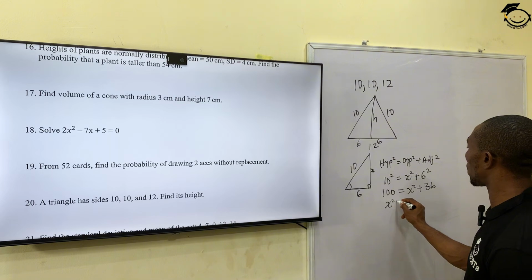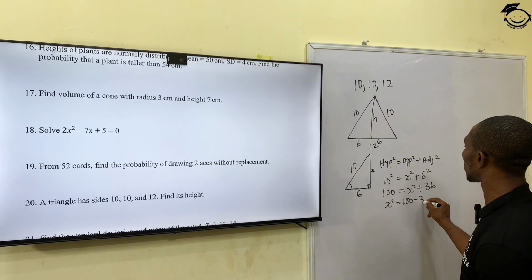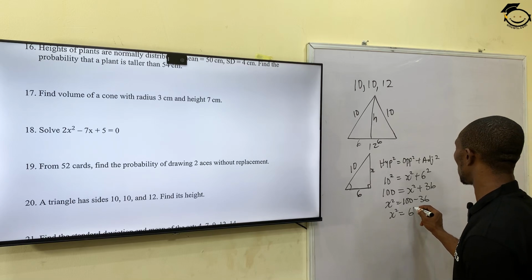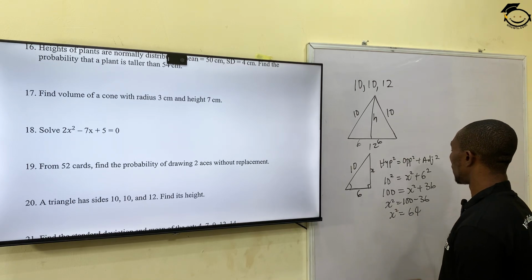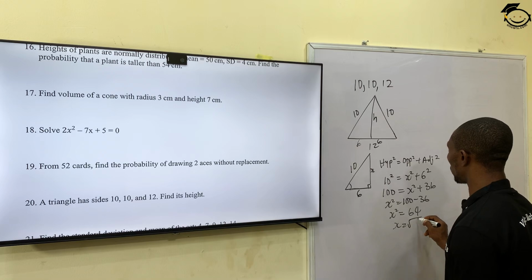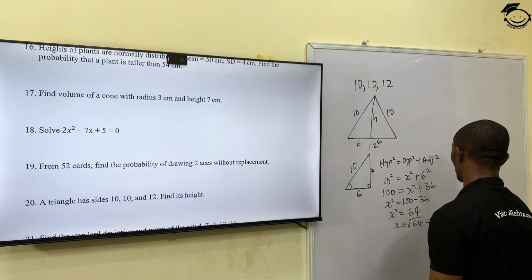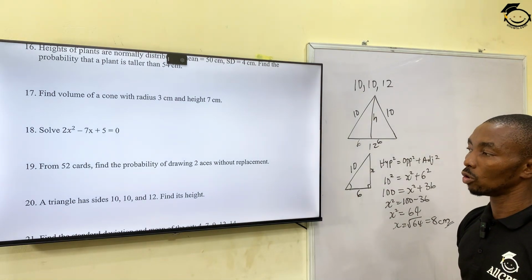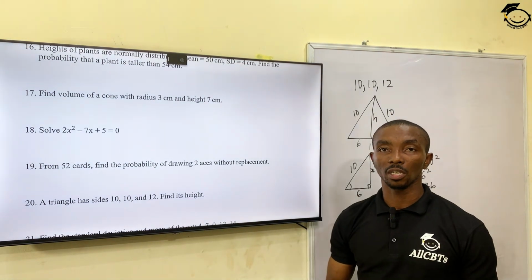So x squared will become 100 minus 36, x squared equals 64. Now, x will be the square root of 64, which will give us 8 centimeters. So the height of the triangle will be 8 centimeters.